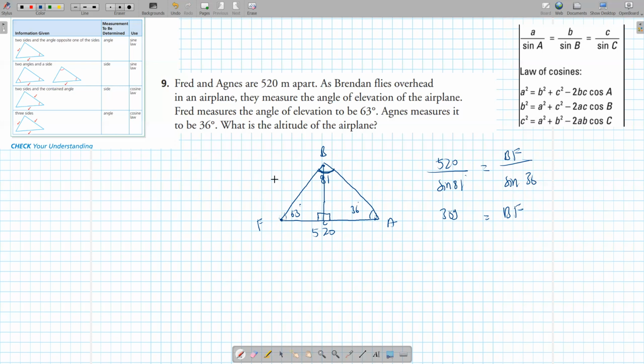Now, using this information, can we find the height? Can we find BC? Yes. What's the idea? How do we set this up? Do you use sine? Yes. Sine 63 equals what over what?